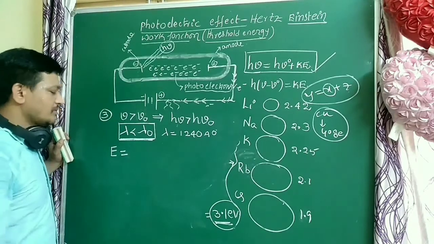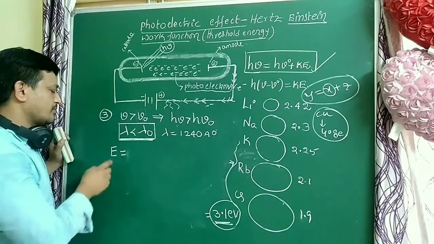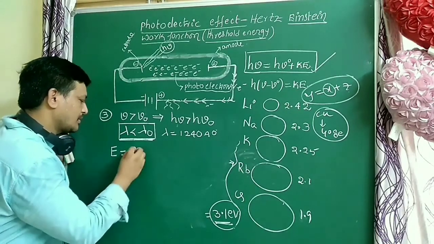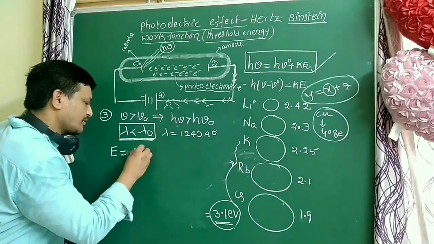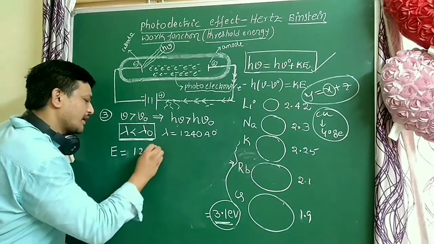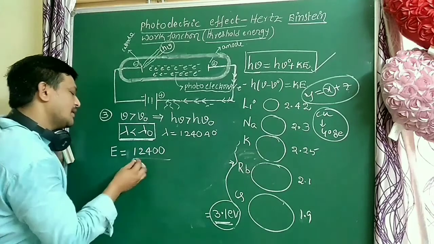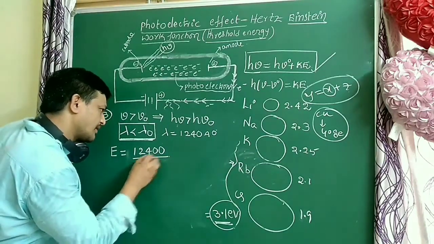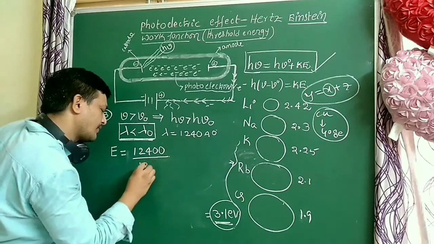Energy equals 12,400 by lambda in angstroms. That is very, very important. What is the angstrom value? 1240.